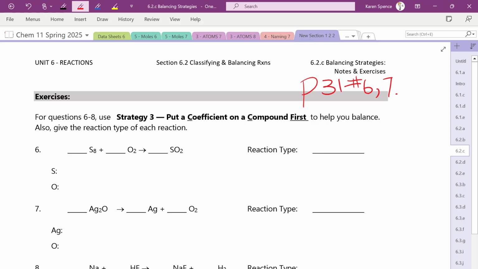Let's take this one. So you can start going with it over on this side. Maybe what you can do is draw a little separation between the reactants and products.